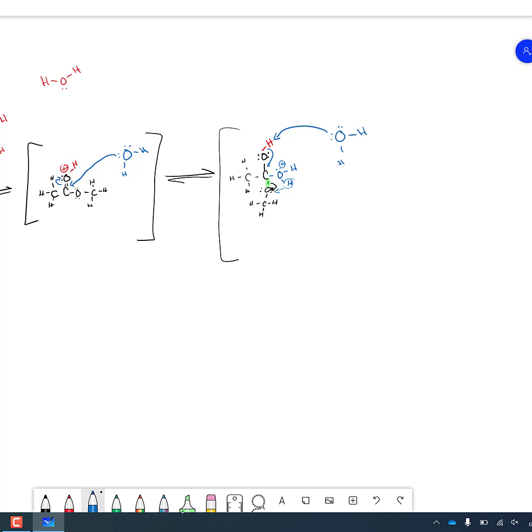So we're really just transferring a hydrogen from this spot to this spot. And we will kick off CH3OH. So there is our alcohol.